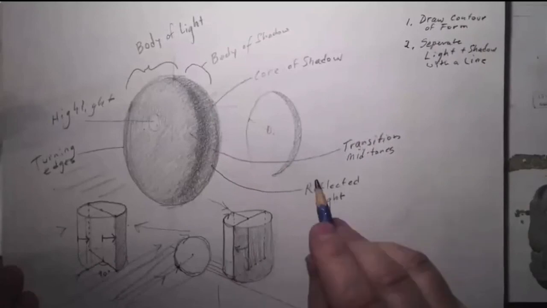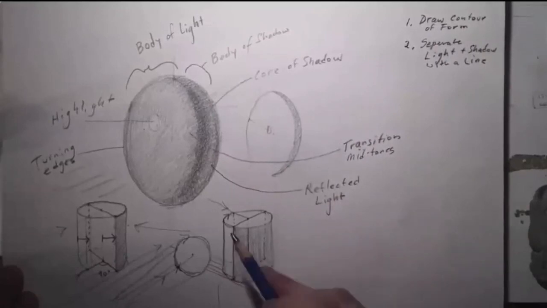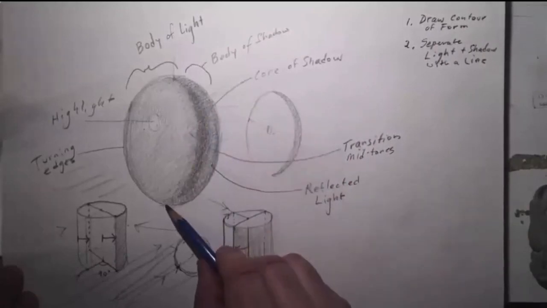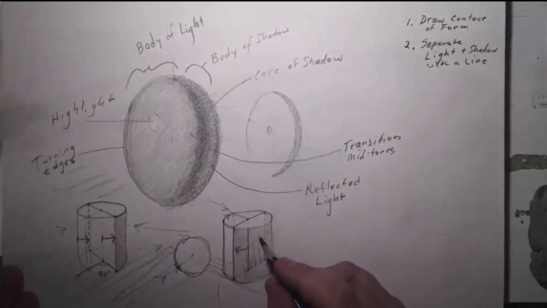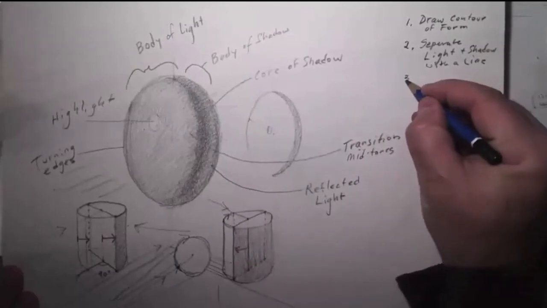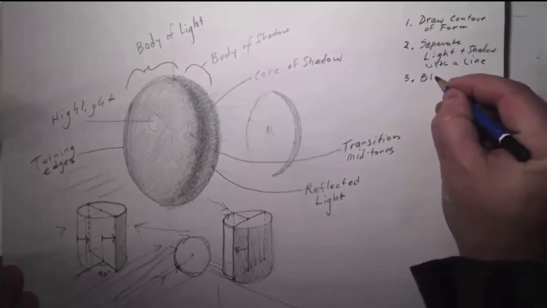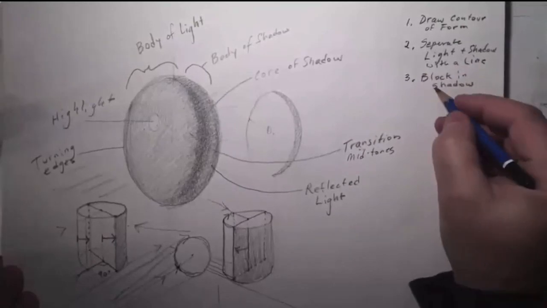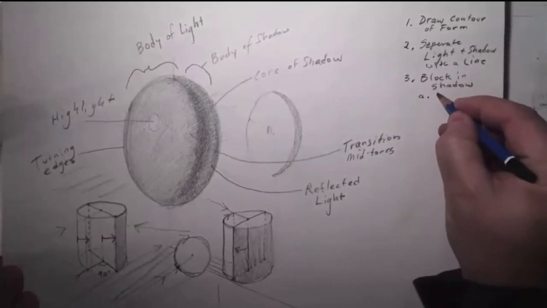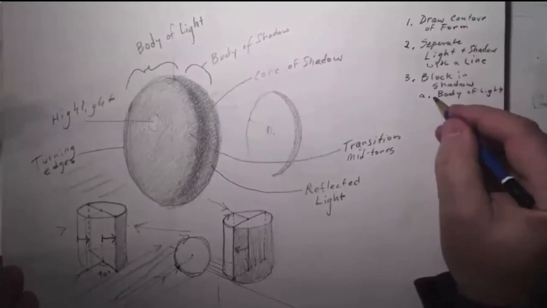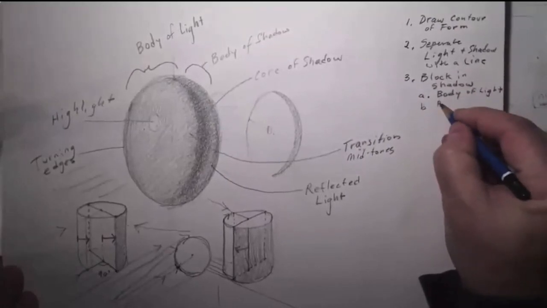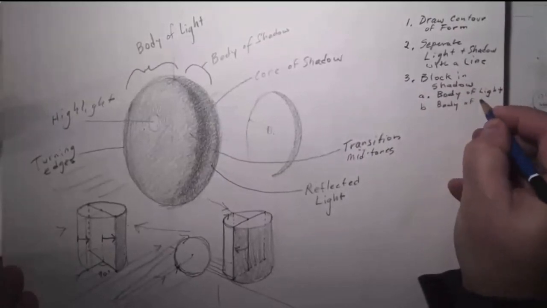And in that case, we draw that arc that works through separating light and shadow. Number 3, we're going to block in our shadow, which is going to give us the body of light, and it's going to give us the body of shadow.